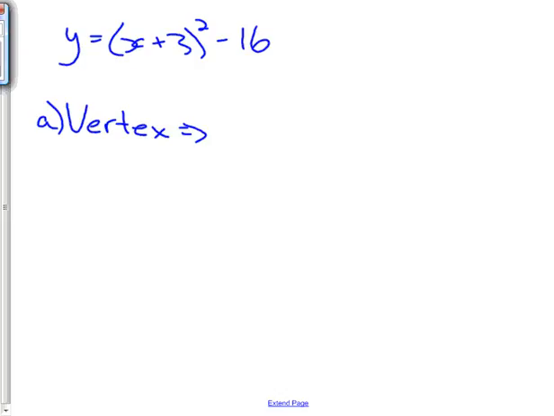Our vertex is always p and q. We always take the opposite for the sign of p. There's positive 3 up there.